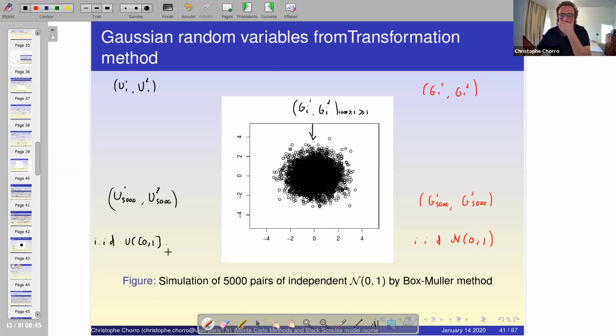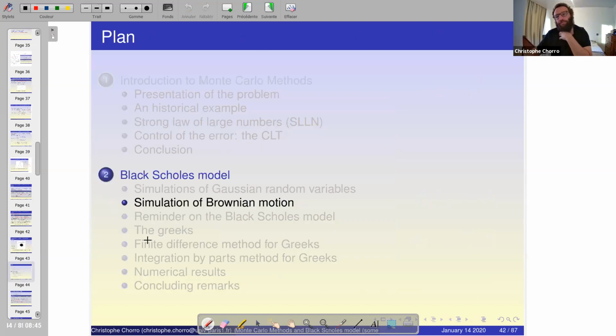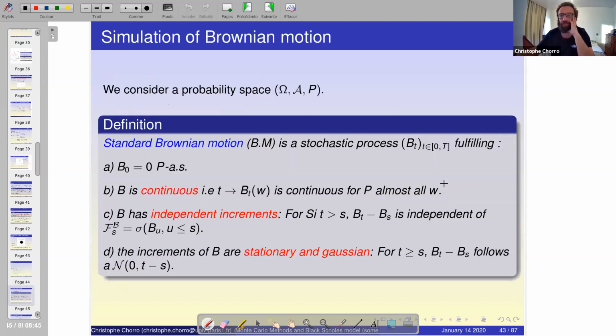Now I want to use what I have done in the case of the Gaussian in order to simulate the trajectory of a Brownian motion. Let me remind you very quickly of the definition of the standard Brownian motion you have seen during the first semester. I consider a probability space, and a standard Brownian motion starts from 0, is continuous, and has independent, stationary, Gaussian increments.